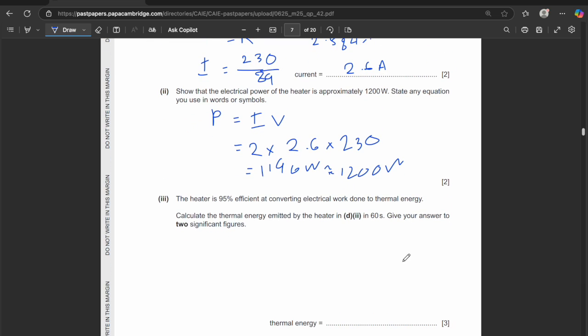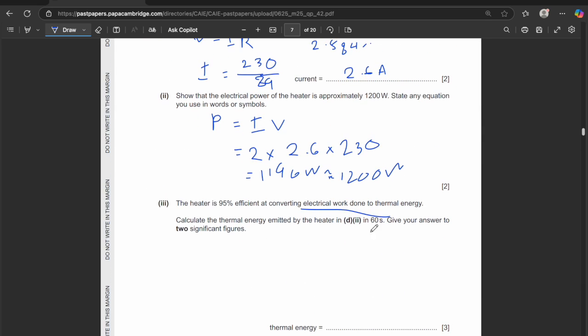3. The heater is 95% efficient at converting electrical work done to thermal energy. Calculate the thermal energy emitted by the heater in D2 in 60 seconds. Give your answer to two significant figures. So this is the input energy, and it is only 95% efficient, which means you have to calculate the useful output energy as well.